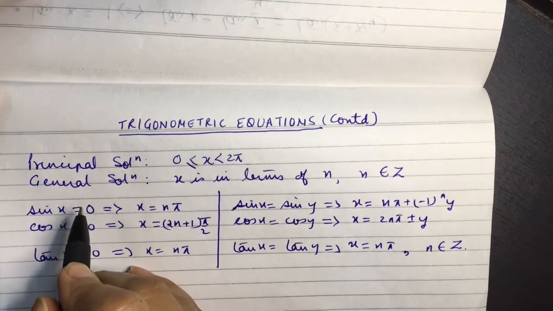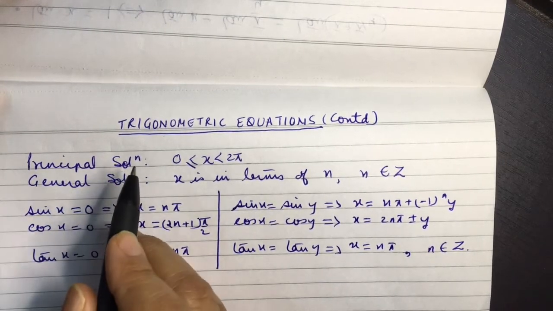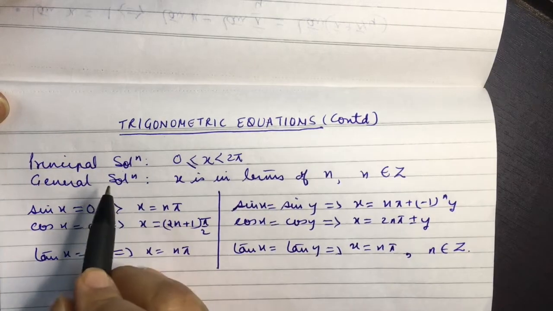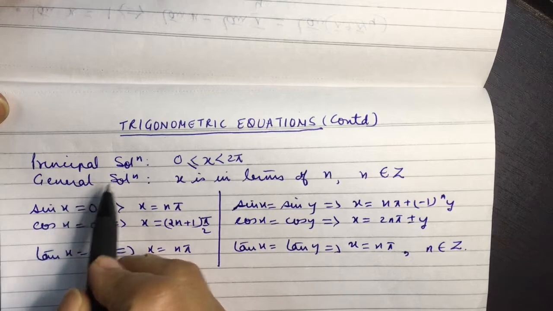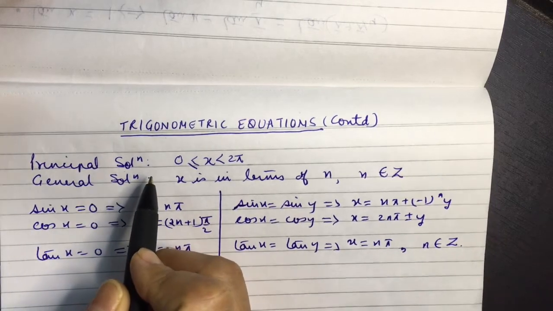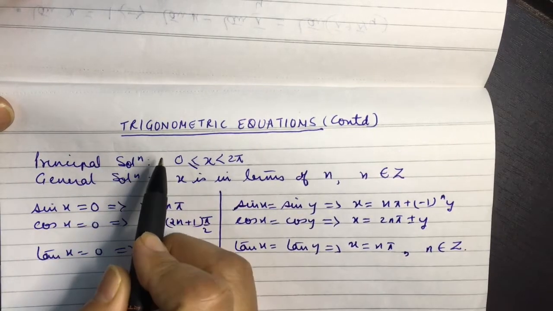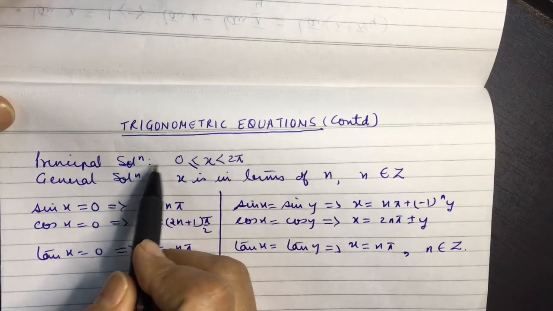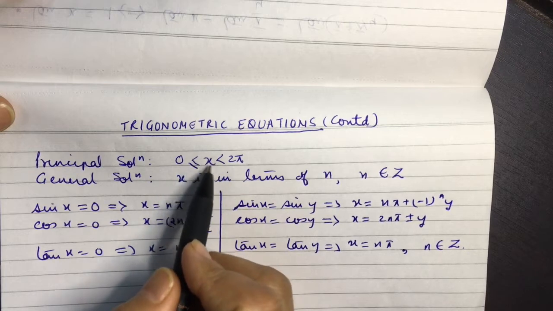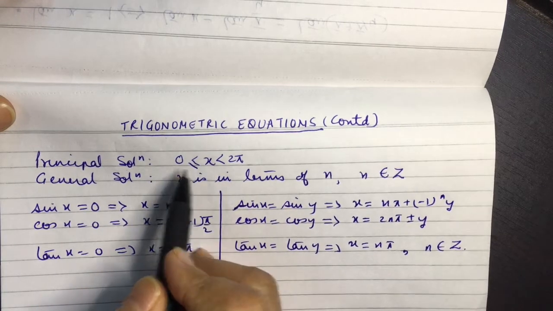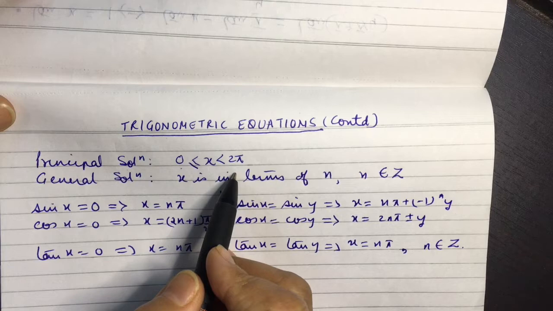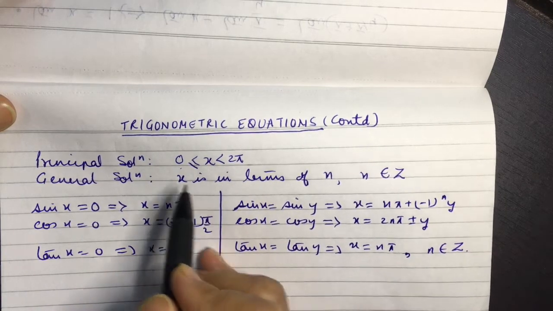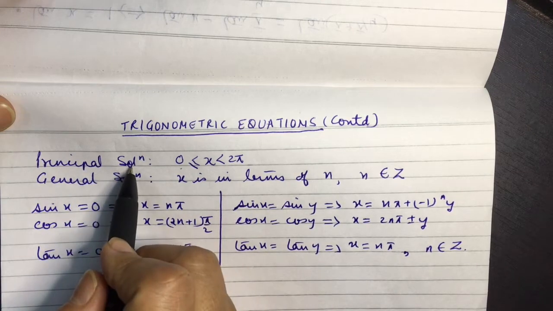Now as we are aware, anything which satisfies a particular equation is called the solution of that equation. So if a given equation is in terms of trigonometric functions, then it is called a trigonometric equation. For any particular trigonometric equation, if the value of x, that is the variable, lies between 0 and 2 pi, that is the first circle, then the solution is called the principal solution.